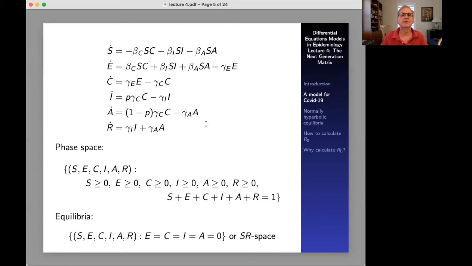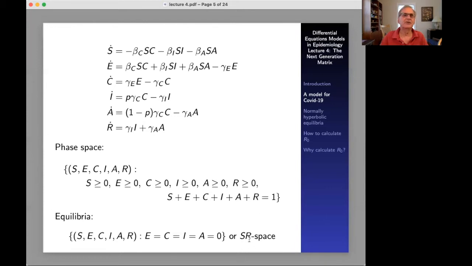All the variables are 0. I'm not going to do it in the lecture. You could check it out yourself. It's partly done in the book. The determinant of that coefficient matrix turns out not to be 0. And therefore, the only solution when we set the last 4 equations equal to 0 is E, C, I, and A are all 0.